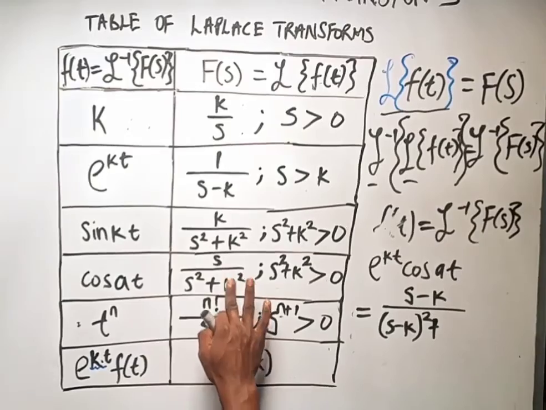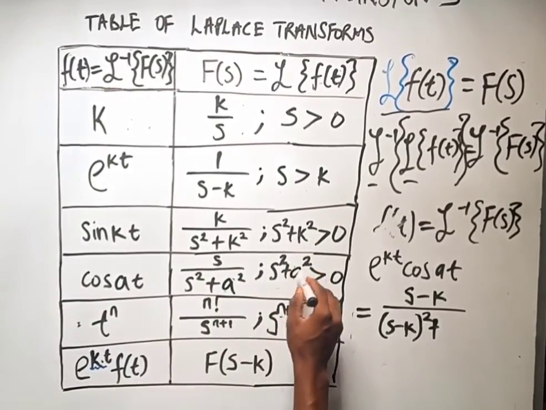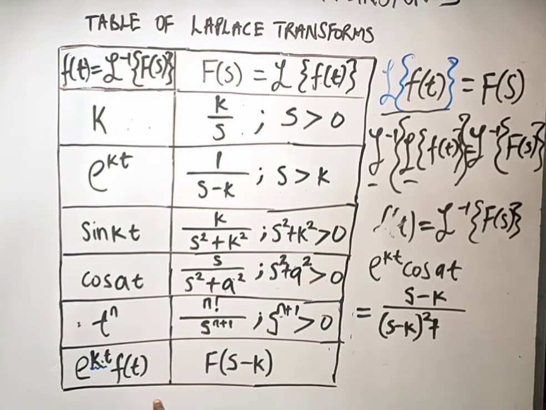So we have s minus k over s minus k squared plus a squared. That is just it. In place of s, you replace it with s minus k, where k is the constant in the exponent. Then in place of this a, just put the coefficient of t in the cosine function. That is more about it.